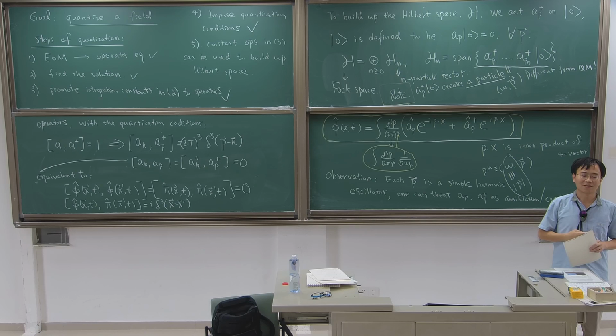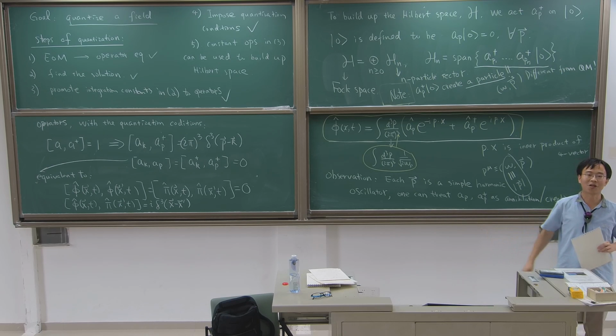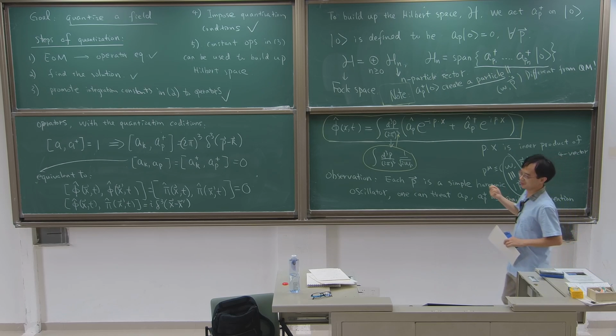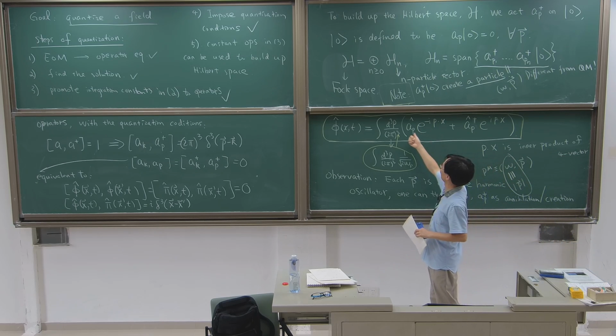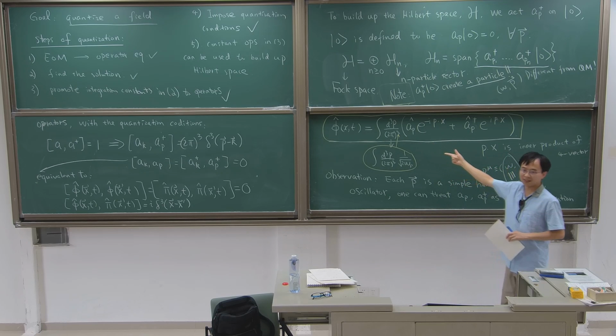The reason is just because your continuous field is so complicated. It's not some discrete simple harmonic oscillator system. It's like an infinite number of harmonic oscillators. We have to use some integral or decomposition or Fourier transform to express that phi.